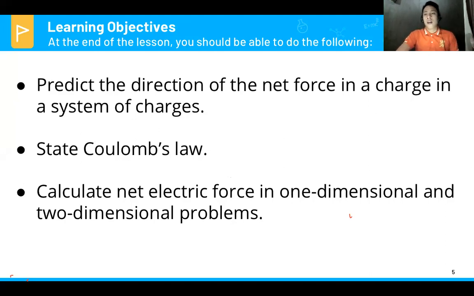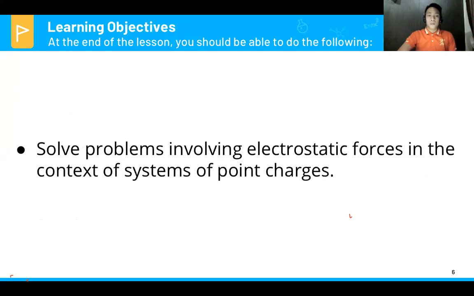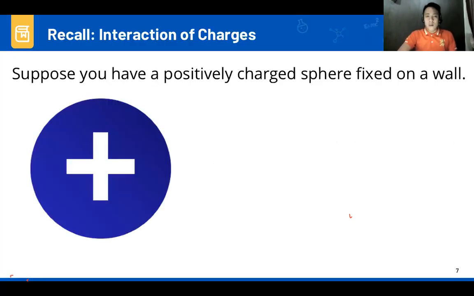And if we still have time, then we will proceed to two-dimensional problems. And of course, solve problems involving electrostatic forces in the context of systems of point charges. Okay, so it sounds tricky, but we can do it. Okay, let us do this one first.